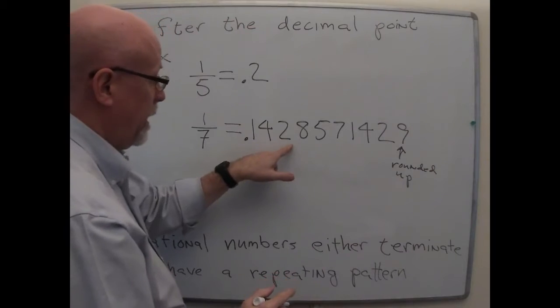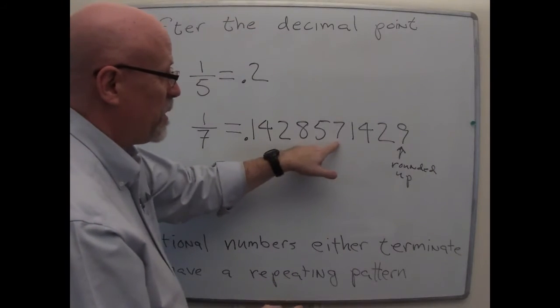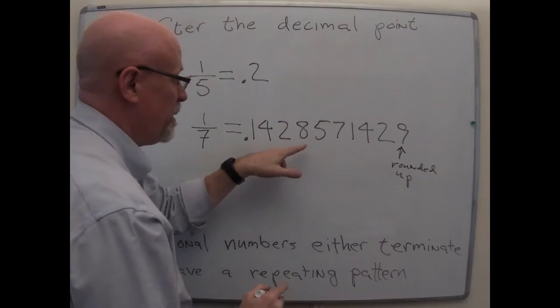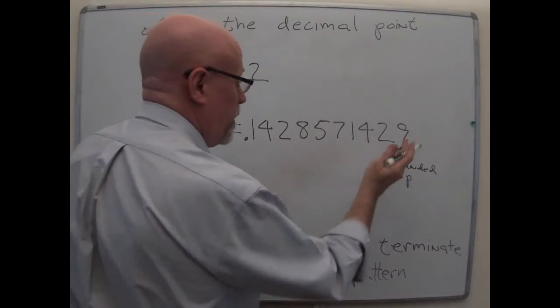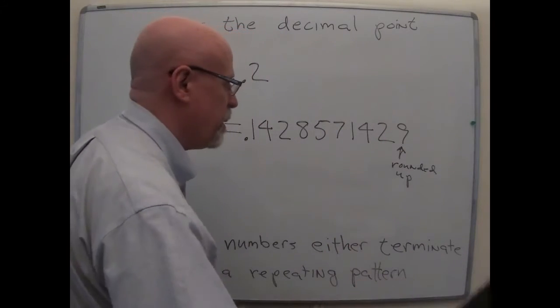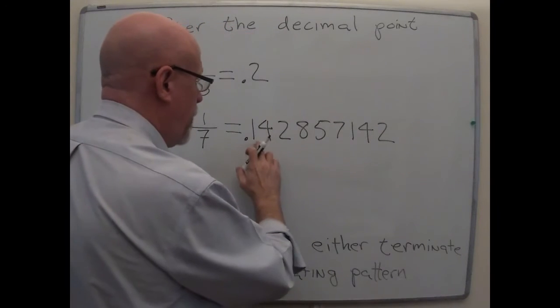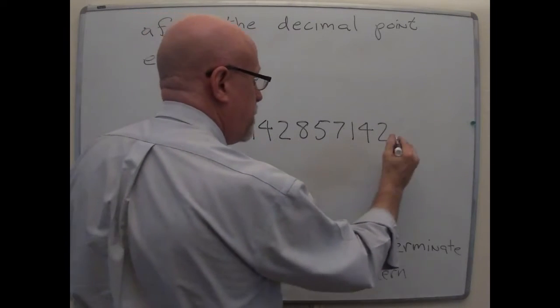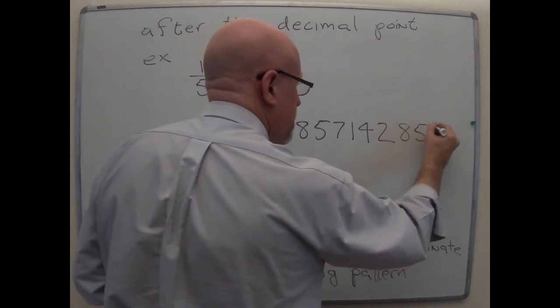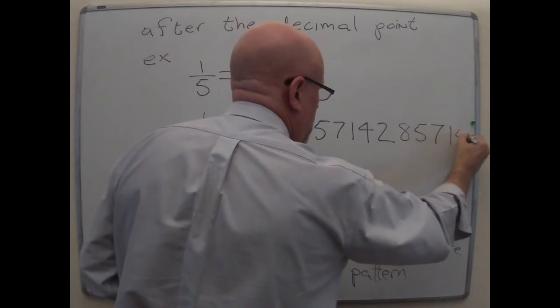So it's really an 8 with something that's bigger than 0.5 after it. So what's really going on with this, if I just erase, is we've got another copy of this pattern, 142857. And then there's another 1428.